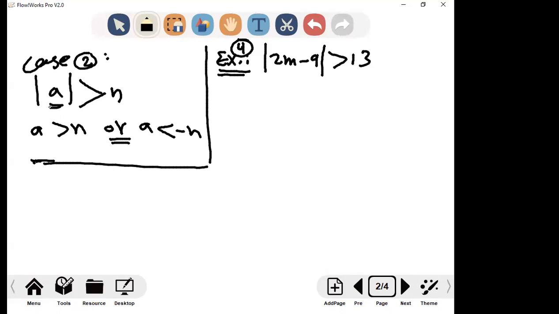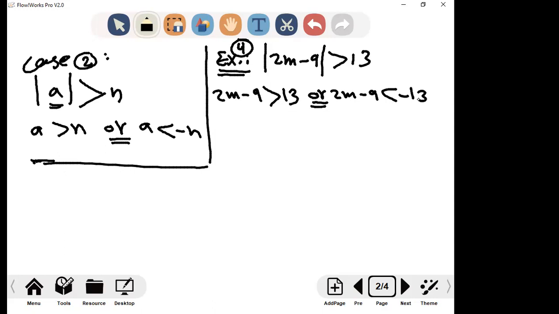Now, absolute value of 2m minus 9 more than 13. So A is 2m minus 9. N is what? 13. Apply this formula. A more than N means 2m minus 9 more than 13. Or, you need to write or. A less than negative N means 2m minus 9 less than negative 13.